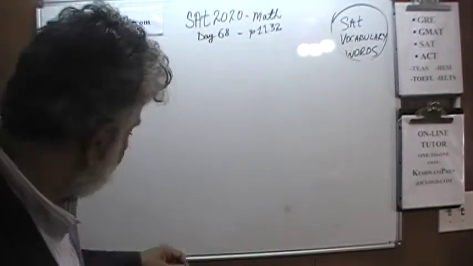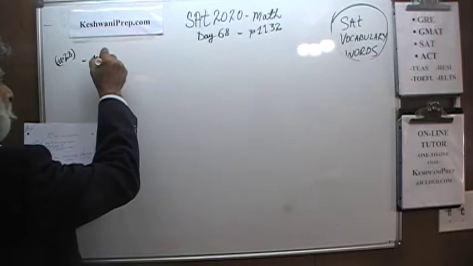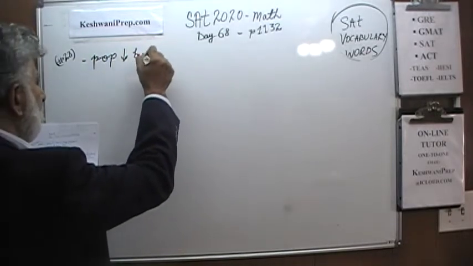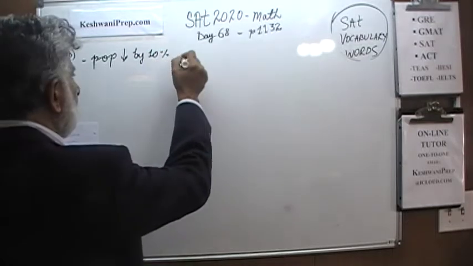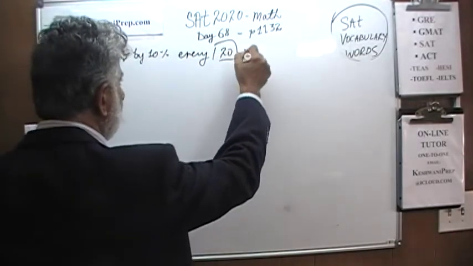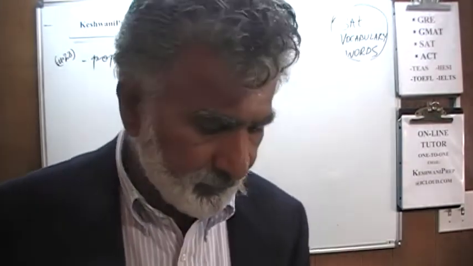1132, problem number 28. It goes like this. It tells us that the population drops by 10% every 20 years. Population drops by 10% every 20 years, not every year. That's something we have to keep in mind. We'll have to adjust for it, we'll have to account for it at the very end.